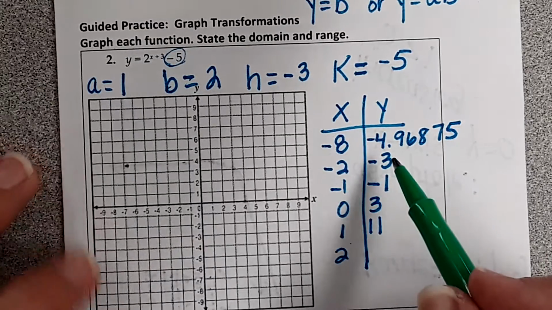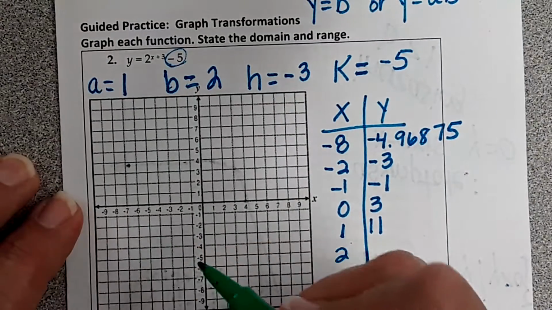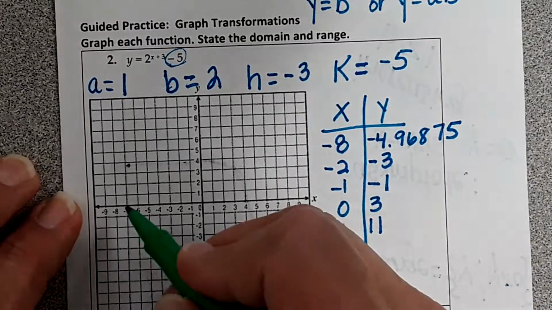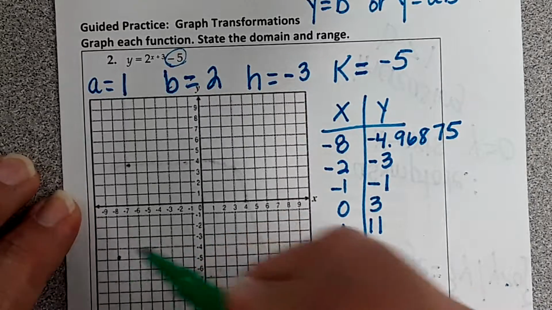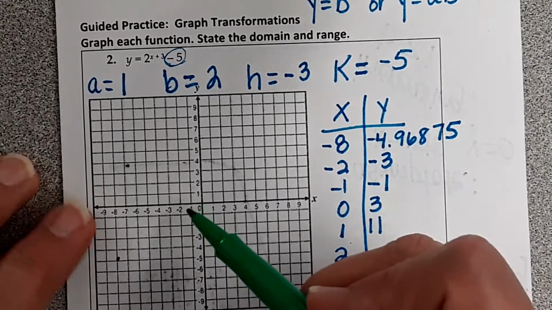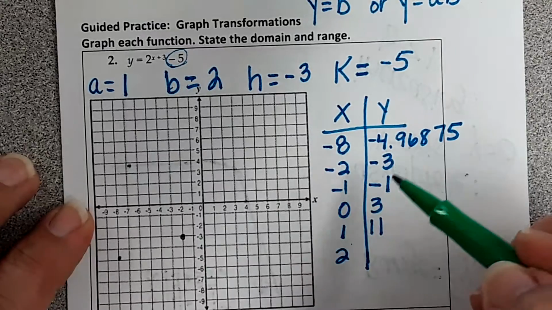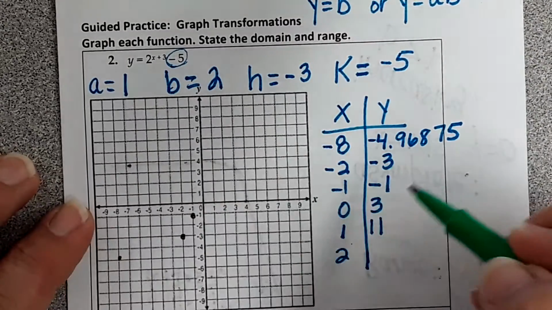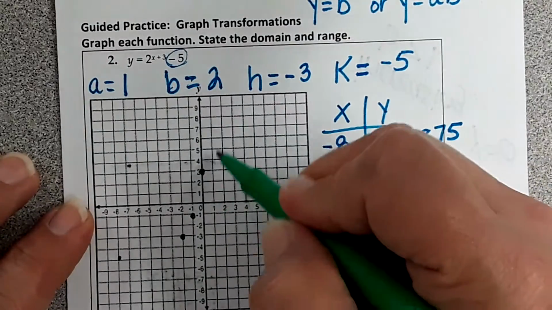So -8 is going to be really close to -5. And then -2 is going to be -3. -1 is -1. 0 is 3. And 1 is 11.